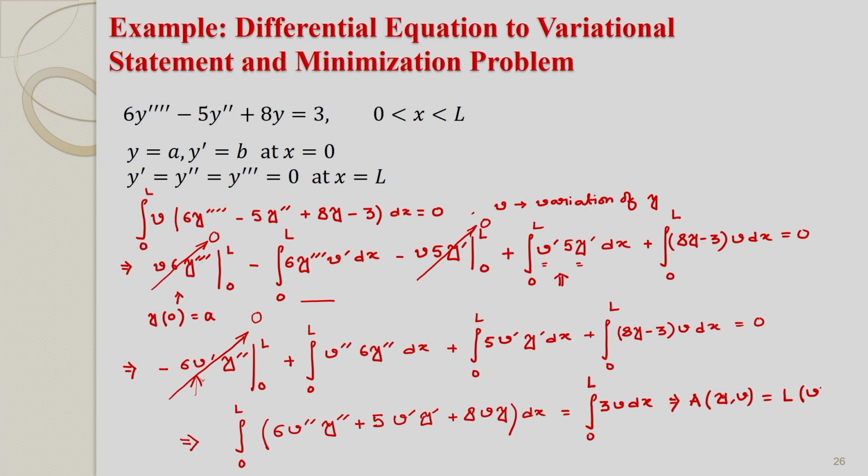In the LHS it is A(y, v), the dependent variable and its variation, and in the RHS it is L(v). So, this is our variational statement, or weak form.